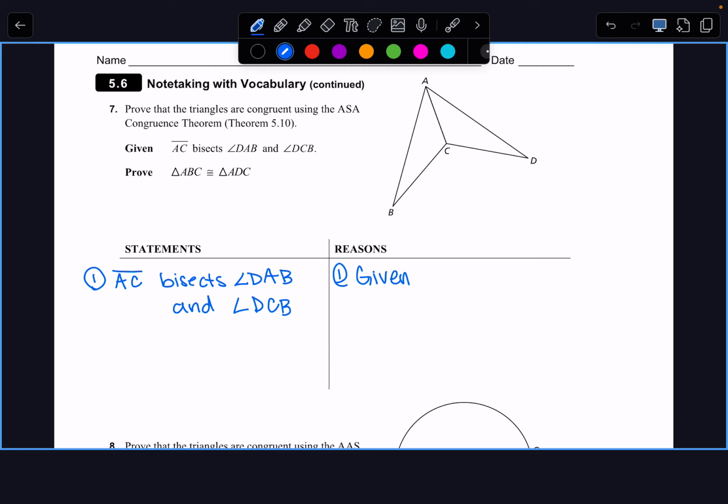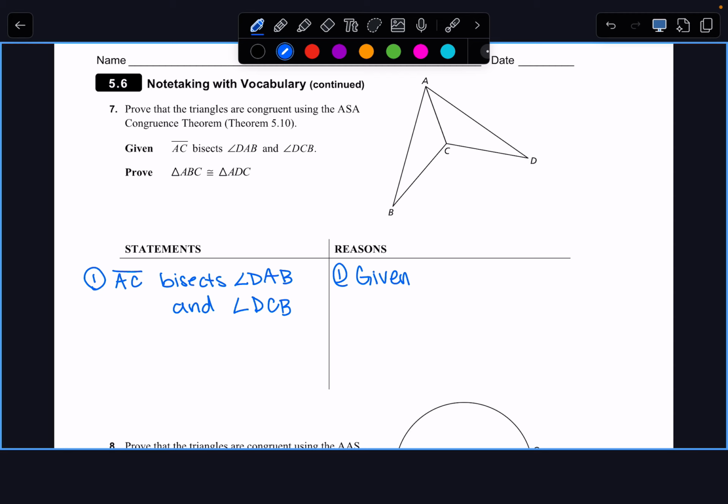Okay. So, just like in the proofs that you had on your green sheet, when we are proving triangles congruent, you need 3 important statements, okay? Whether they're 2 angles and a side, 3 sides, 2 sides with the included angle, or maybe it's a right triangle, hypotenuse and leg.